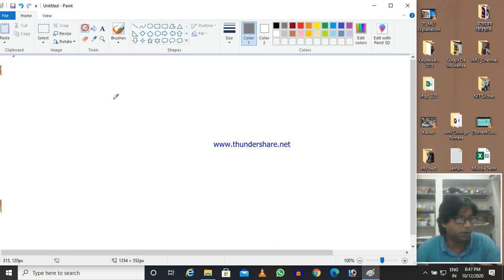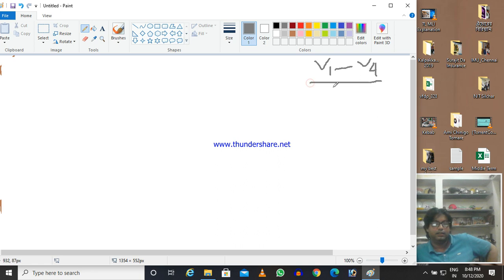Okay, so normally V1 to V4, that is basically the anterior leads of the ECG. These V1 to V4 are the contiguous leads, which refer to the anterior part of the heart.